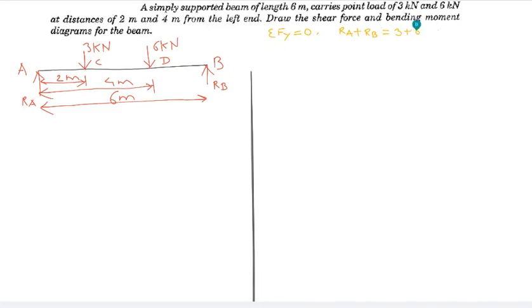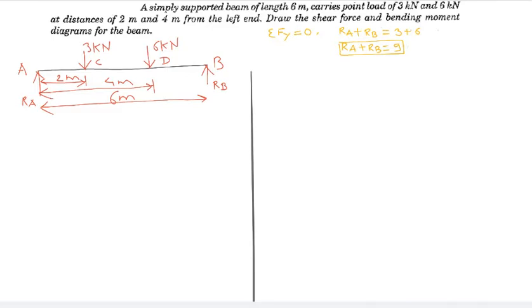So you will get the equation as Ra plus Rb is equal to 9 kilonewton. This is the equation that you will get, and with the help of this equation we are going to find out the values of Ra and Rb.